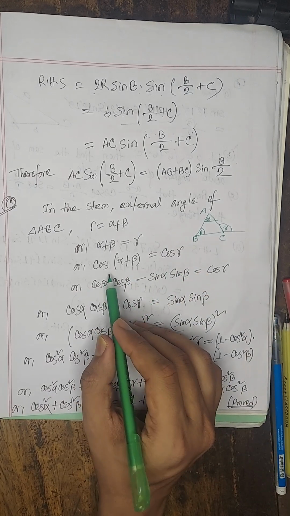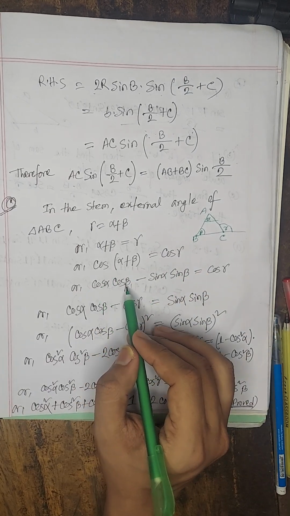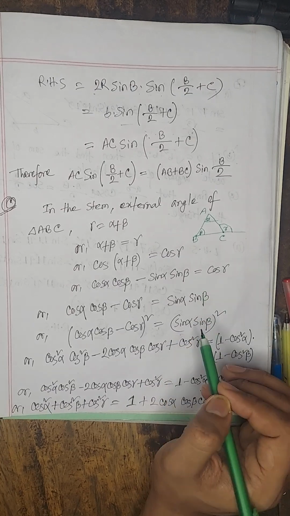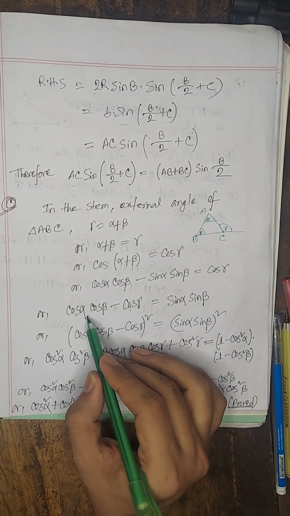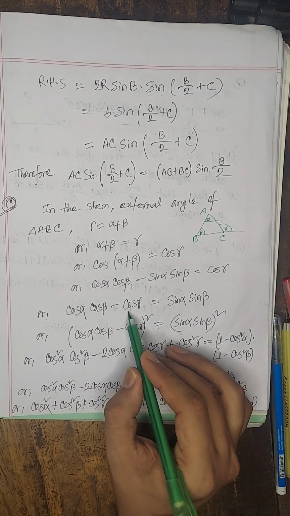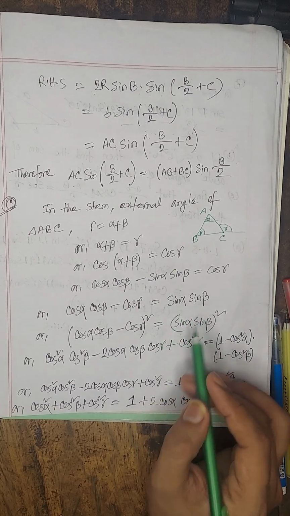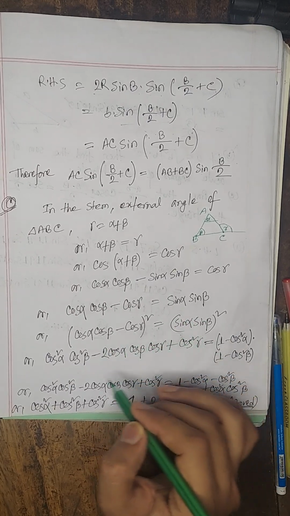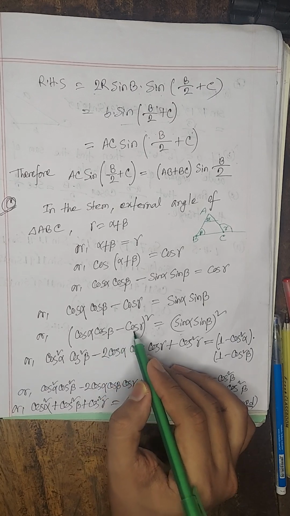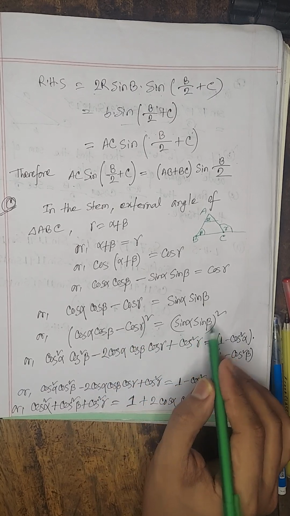Then we can write cos alpha cos beta minus sin alpha sin beta is equal to cos gamma. Then we get cos alpha cos beta minus cos gamma is equal to sin alpha sin beta. Then we square on both sides: cos alpha cos beta minus cos gamma, whole square, is equal to sin alpha sin beta, whole square.